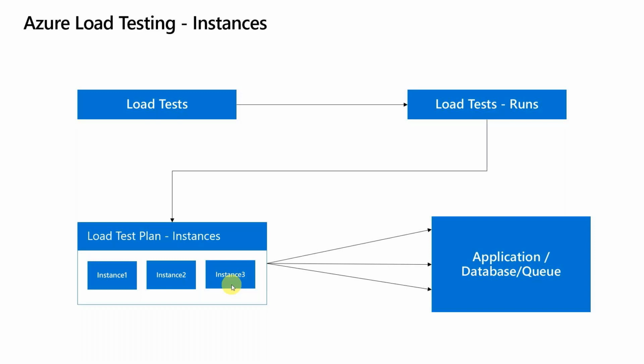Additionally, they call them app components. You can choose what additional metrics you want to retrieve. Similar to Dynatrace, Microsoft itself has a native Azure service called Application Insights.